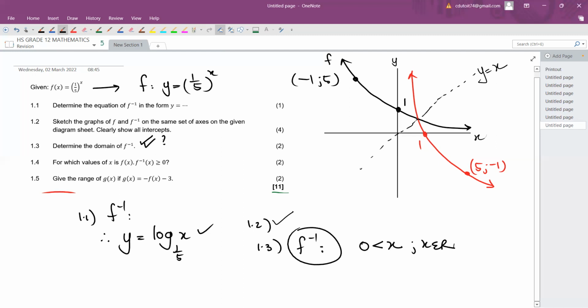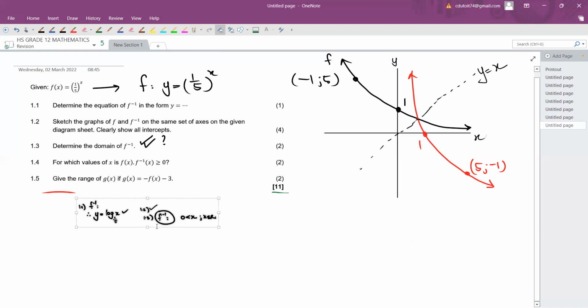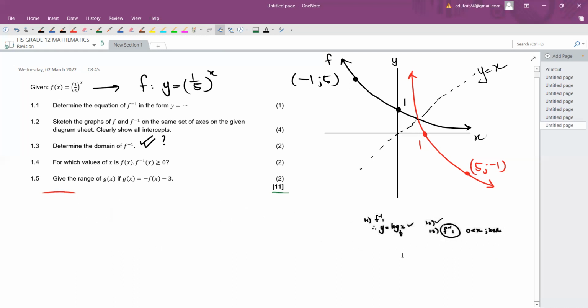Okay. Now, let's just get this done out of the way. Now look at 1.4. For which values of x will f(x) times f to the power of -1 of x be larger or equal than 0? How would I get larger or equal than 0? Well, the first step is if both graphs are positive, positive y values.